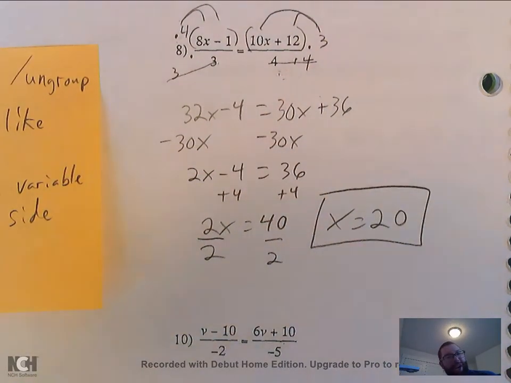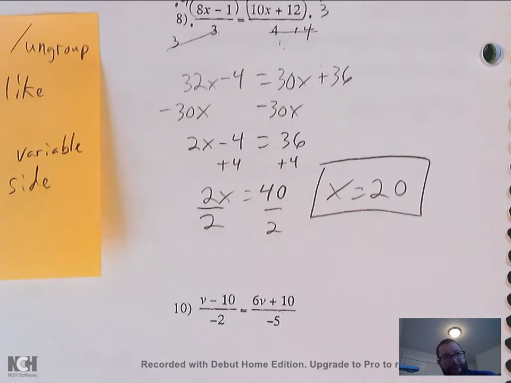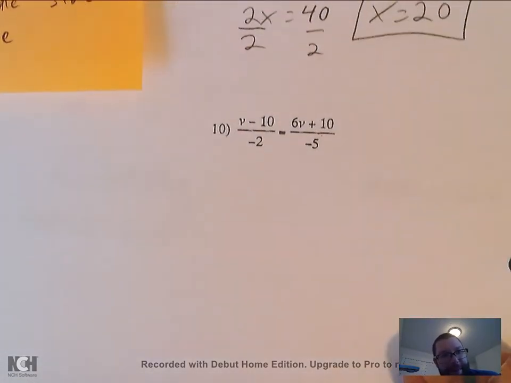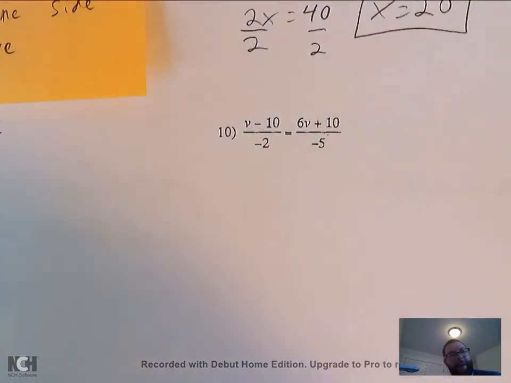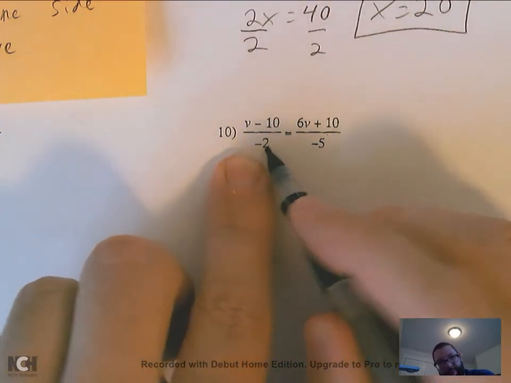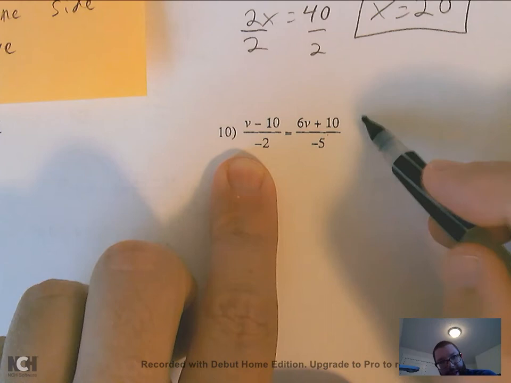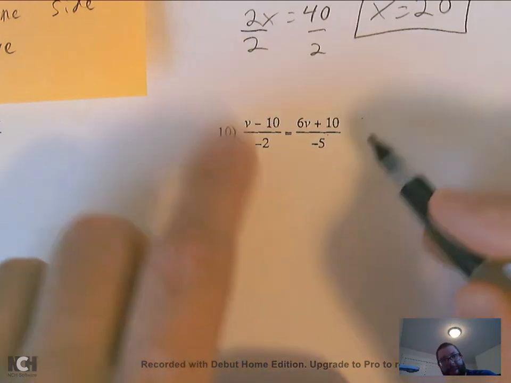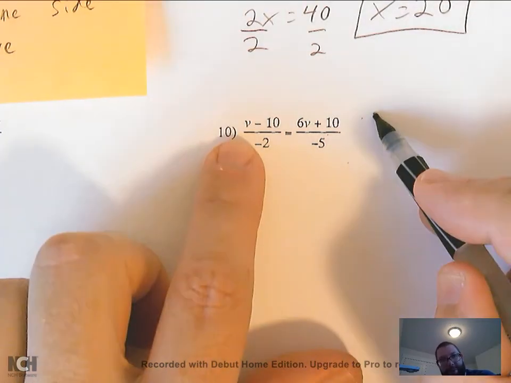Okay, all right, let's try another one of those, just to make sure we got it. So let's look at this problem right here. Again, you're going to take the number on the bottom and multiply it to the top on the other side. So cross multiply, right?